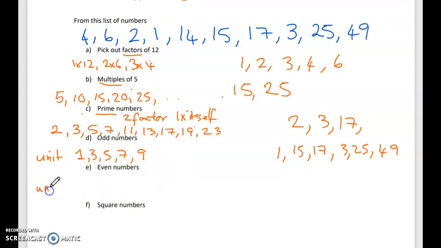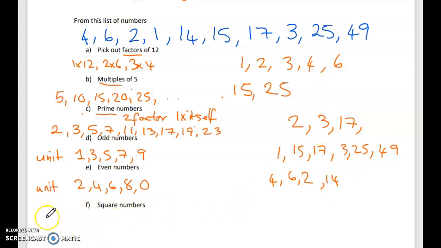The unit part for an even number ends in a 2, 4, 6, 8 or a 0. So 4, 6, 2, 14, and that's it from our list. So the odd numbers and even numbers make up all of the numbers in the list.